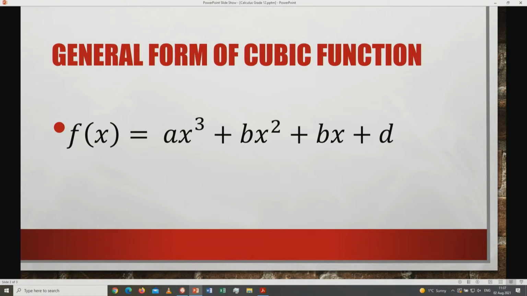Like with the quadratic function, which has the general formula ax squared plus bx plus c, and the linear function, which has its format as well, for the cubic function we have f(x) = ax cubed plus bx squared plus cx plus d.